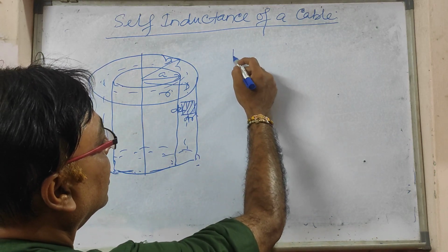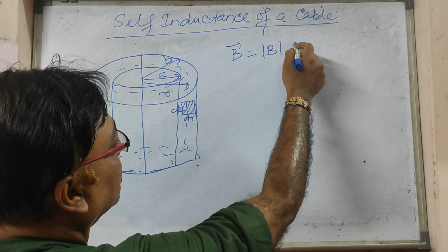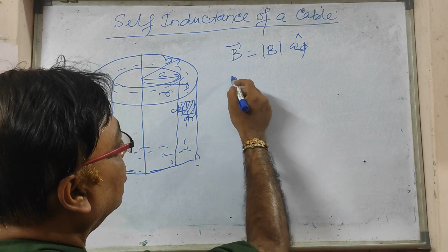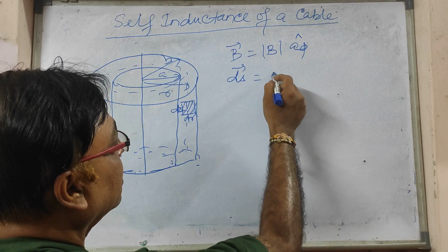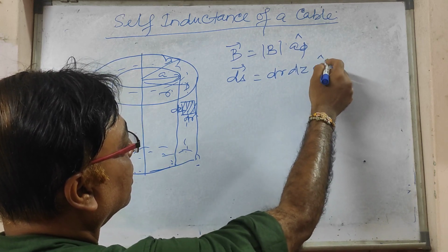So now I can say B vector is equal to B magnitude and it is along the direction of phi, so it will be B a_phi. Now ds vector will be dr dz a_phi.